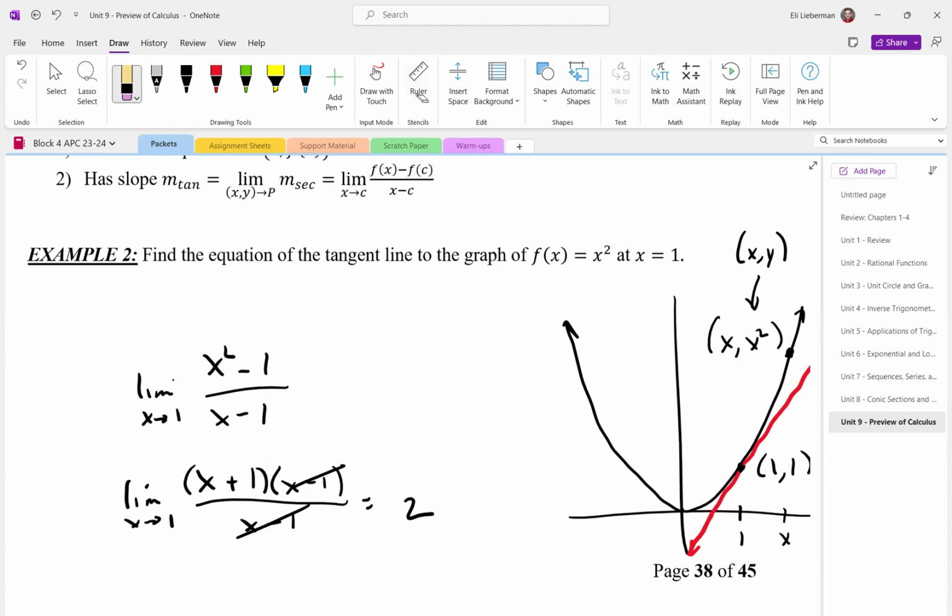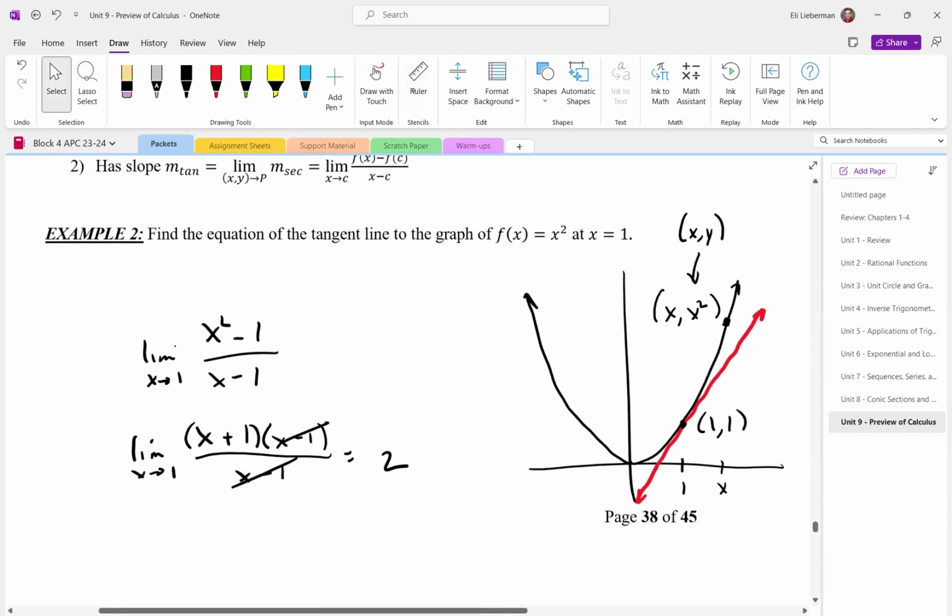The slope is 2. Does it make sense that the slope is positive? Perfect sense. If we had gotten a negative number, there would have been something wrong, unless you're finding the slope of the tangent line at x equals any negative number. Any negative x would have resulted in a negative slope.